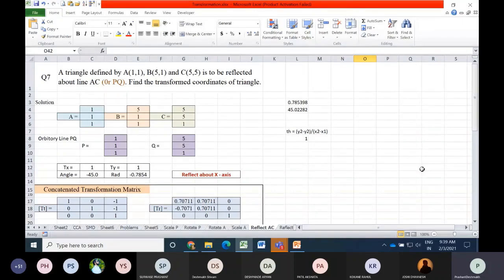We are taking the same problem coordinates, because by changing the coordinates it doesn't make any difference. A triangle defined by these 3 points. Okay, 5 5, so a little bit different triangle. Reflect about the line AC, this A and C, 1 1 5 5.